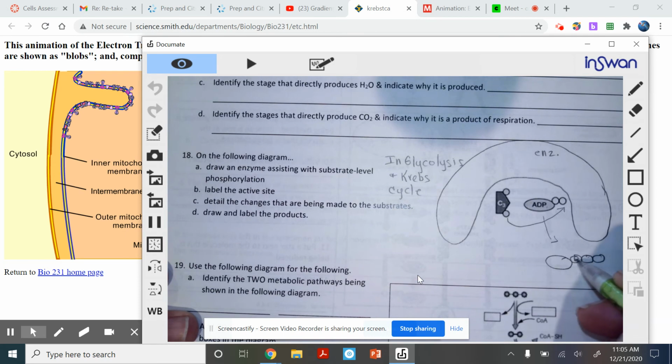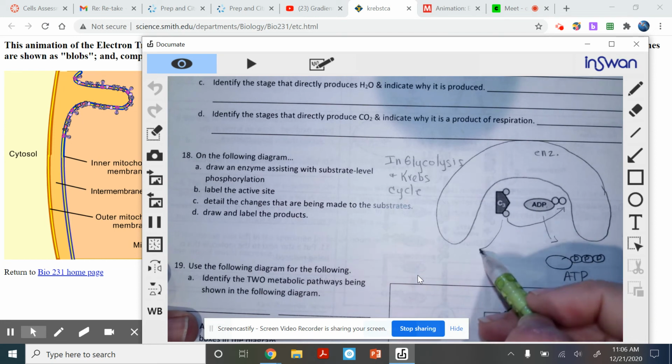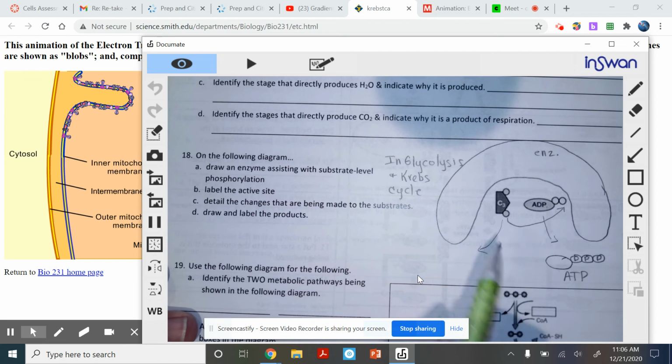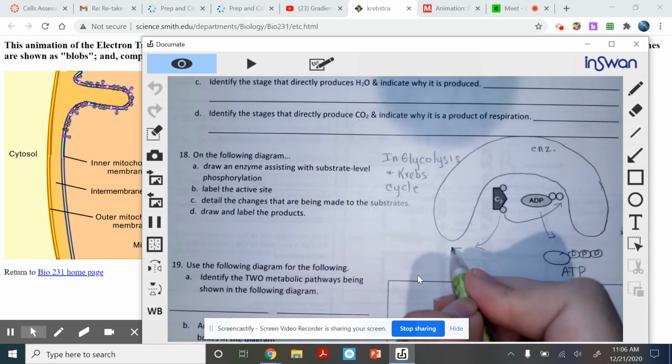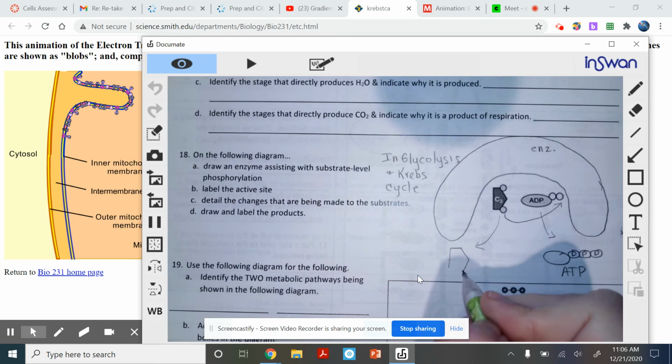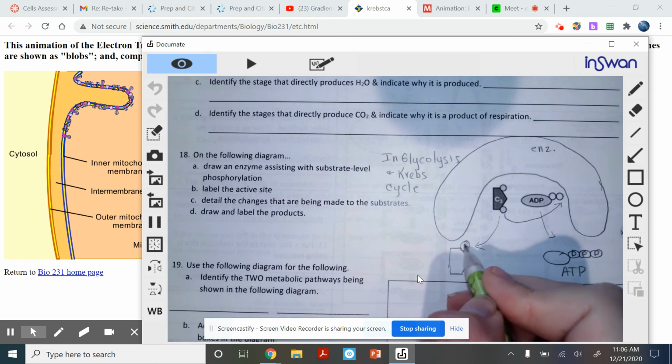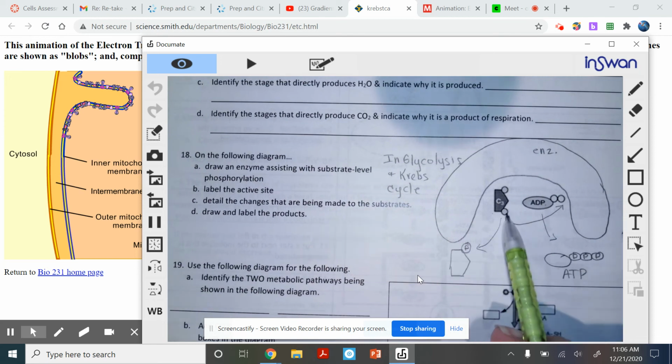And away goes ATP. Hopefully you can envision that this molecule goes on to the next step in glycolysis, but it is now missing a phosphate. That one is gone. So then this just goes to the next step in glycolysis, and that's how we can get some ATP generated.